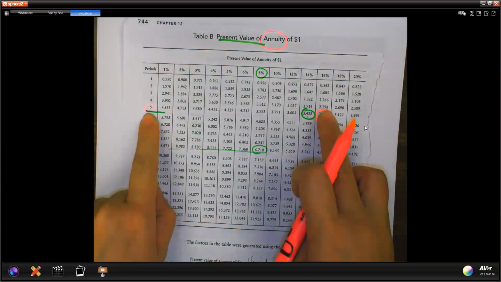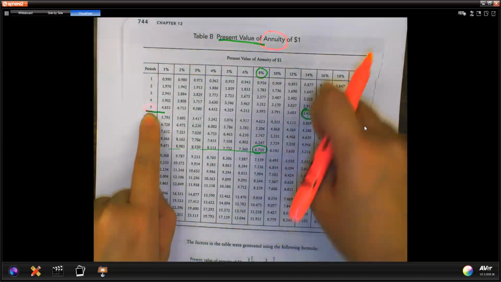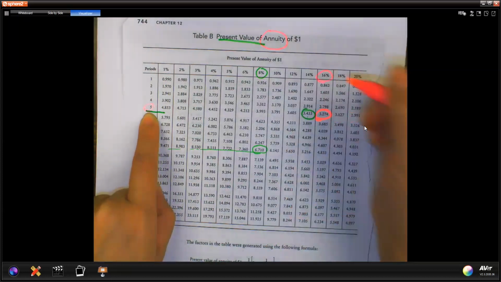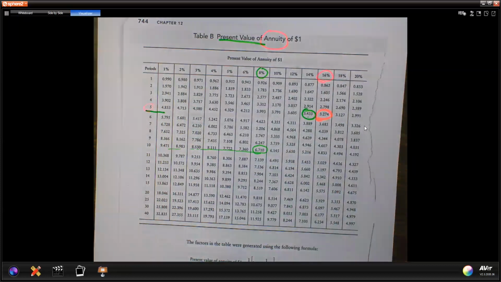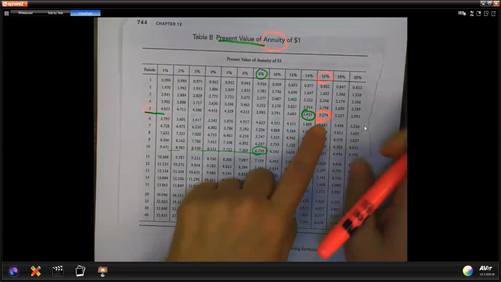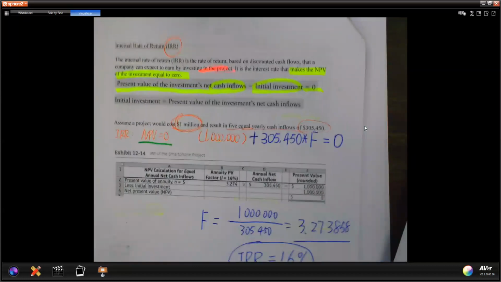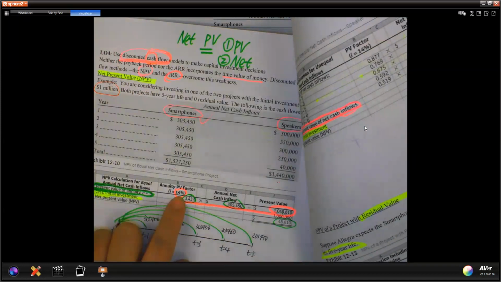I look up and you find the rate is 16%. The rate is 16%. That is the IRR.